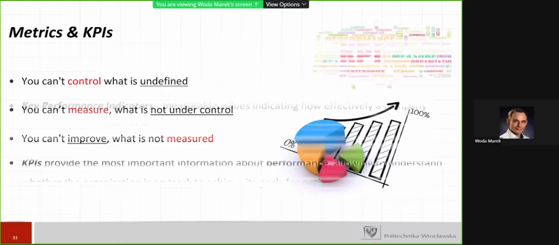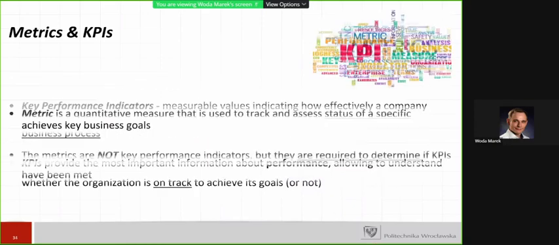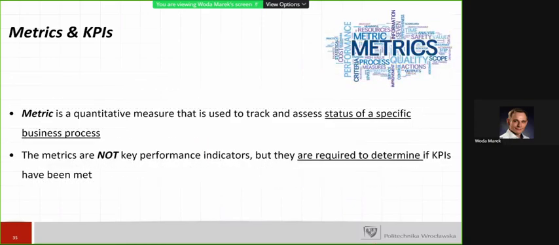Whereas a metric is a quantitative measure that is used to track the status of a specific business process. So this is different from the KPI. Metrics and KPIs are not the same and cannot be used interchangeably.